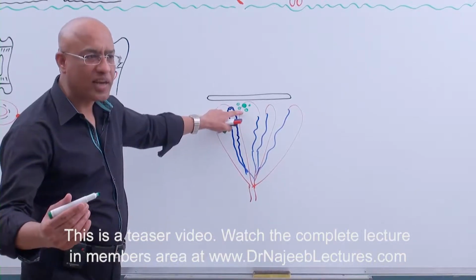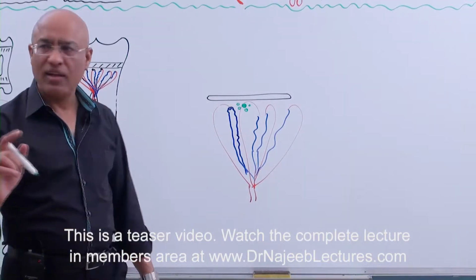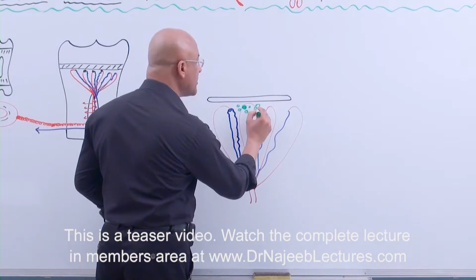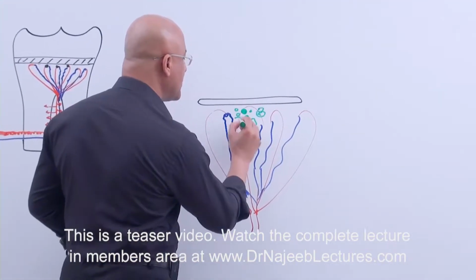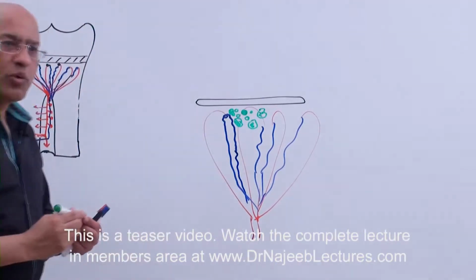As you know, blood flow will increase, but specifically the first white blood cells to arrive here are the neutrophils. So neutrophils will start arriving here.